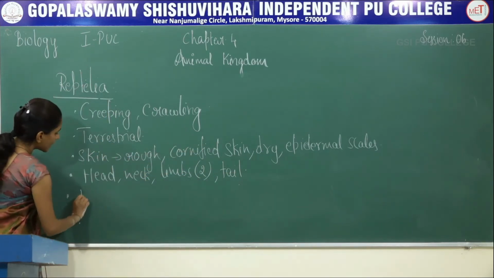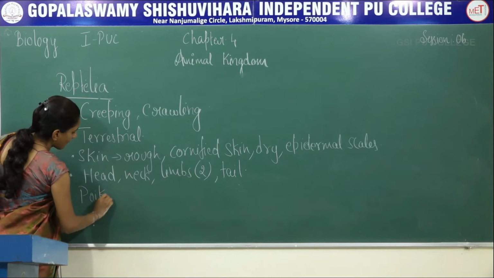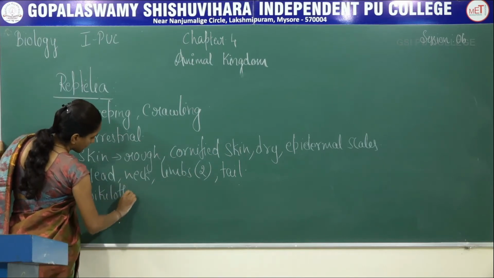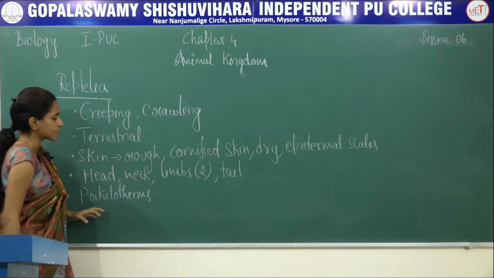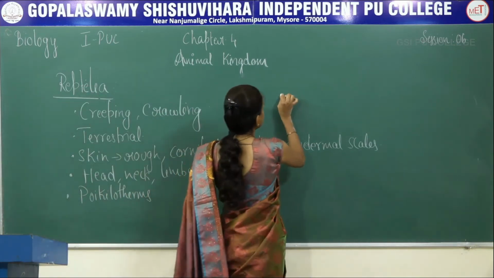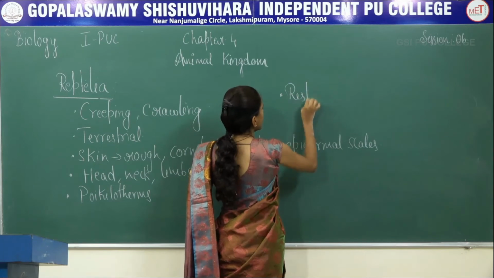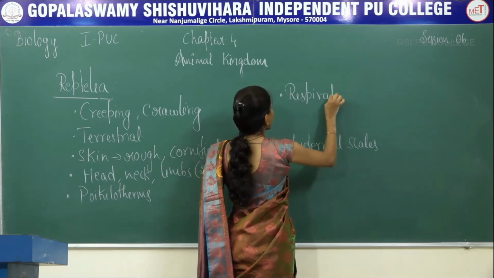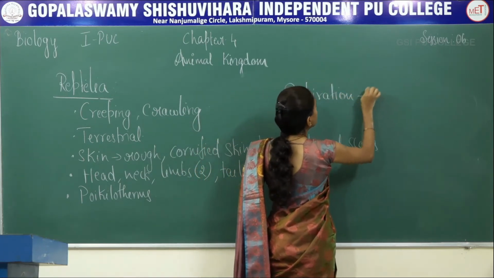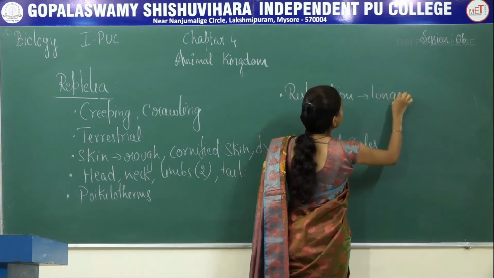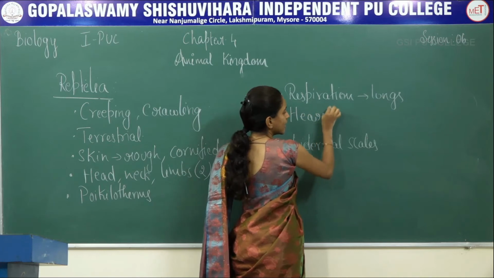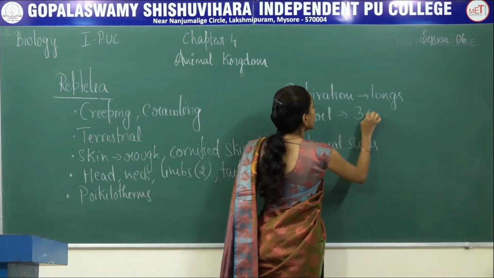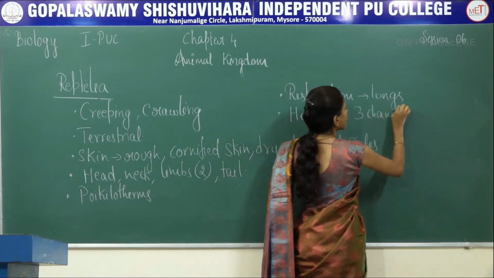Next, these are poikilotherms, that is cold-blooded organisms. Next character, their respiration takes place through lungs. When it comes to heart, they have 3-chambered heart.